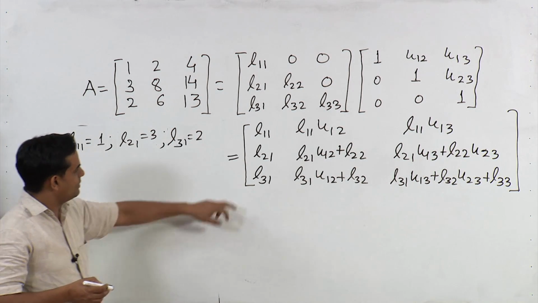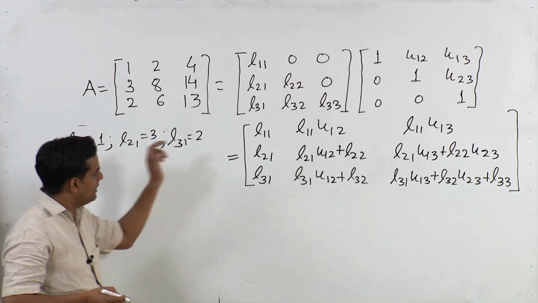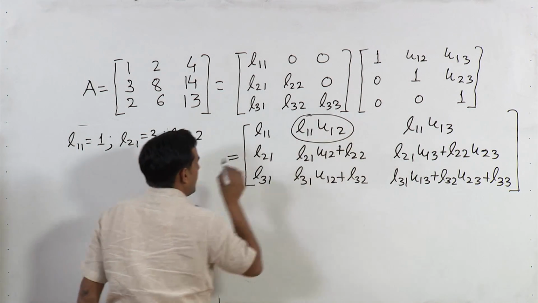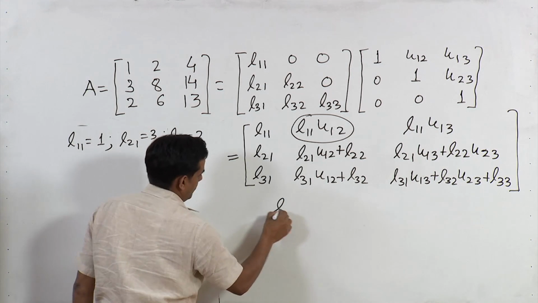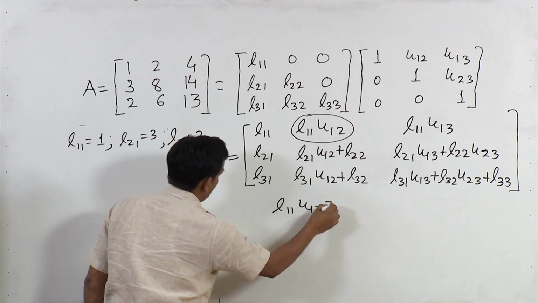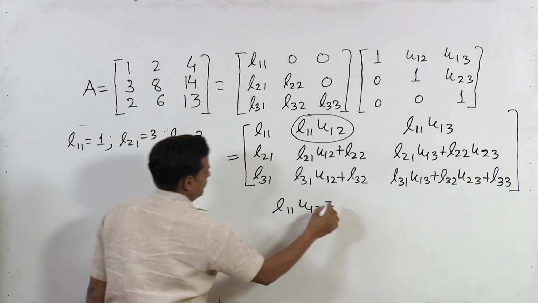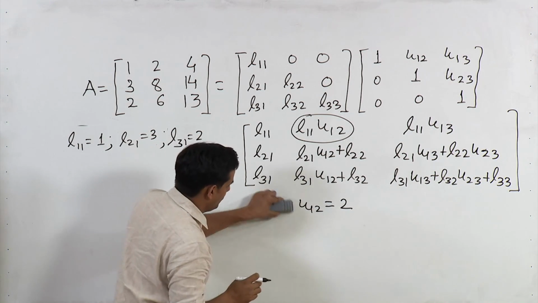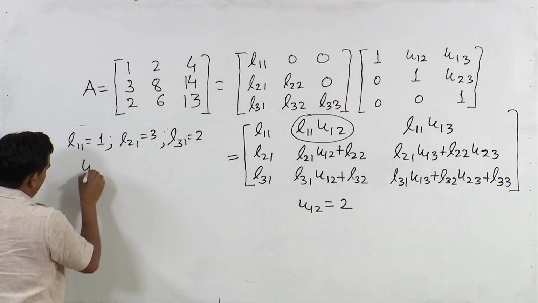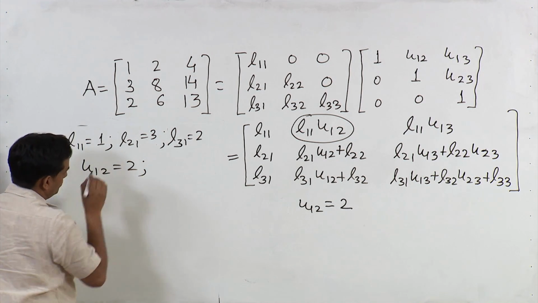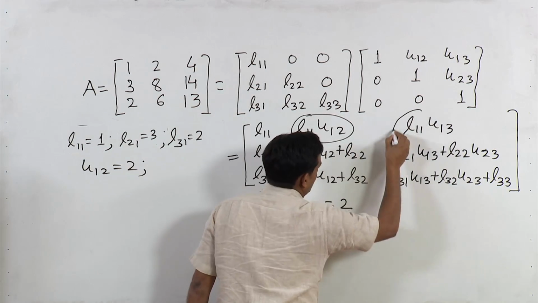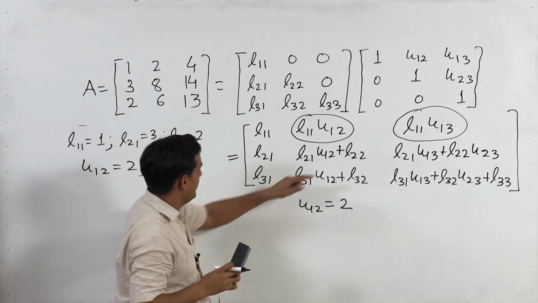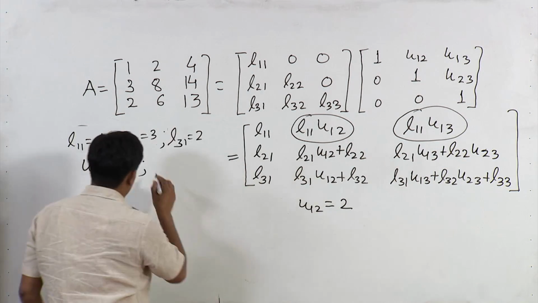After comparing the first column, I will compare the elements of the first row. This element is L11 U12, and in this matrix it is 2. Since L11 is 1, U12 comes out to be 2. Now I will take the next element: L11 is already 1, so I get U13 as 4.